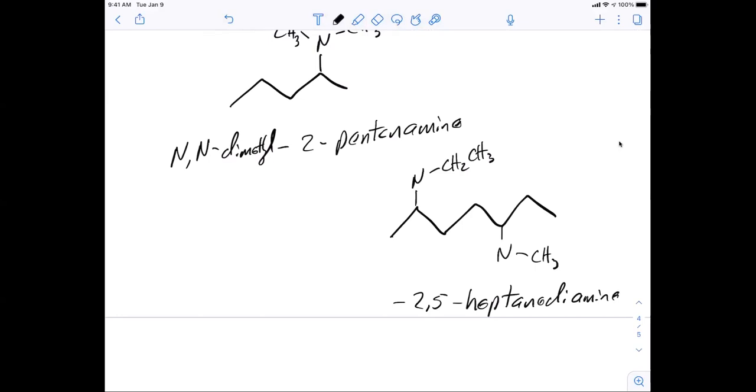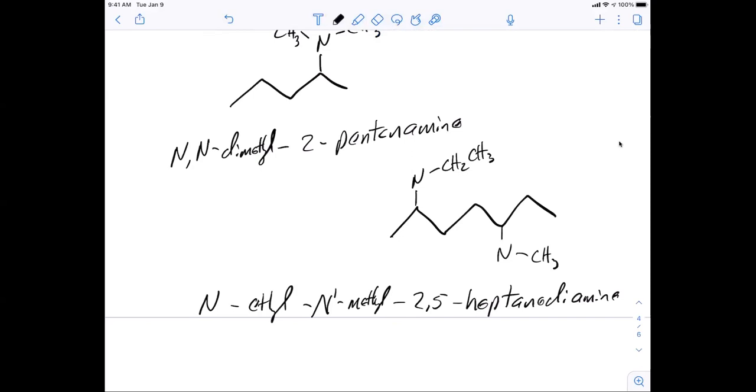So the methyl goes second. That becomes an N prime. So it's going to be N-ethyl-N'-methyl-2,5-heptanediamine.